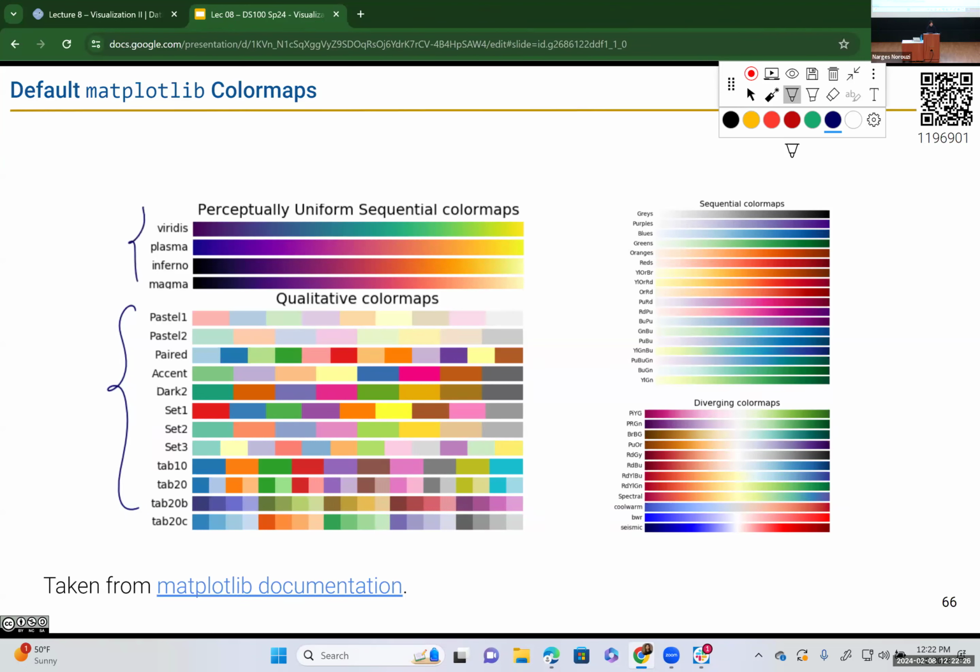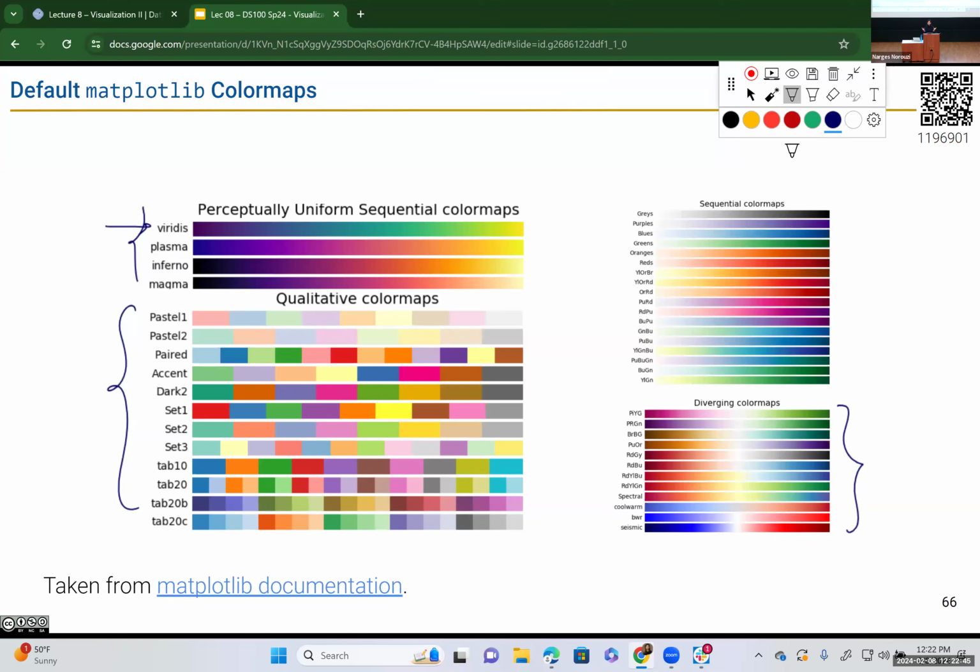These are perceptually uniform sequential color maps, and you see Viridis right here. It's sequential, going from green to yellow, and it's a perceptually uniform color map, which we discussed. You can also see divergent color maps right here.